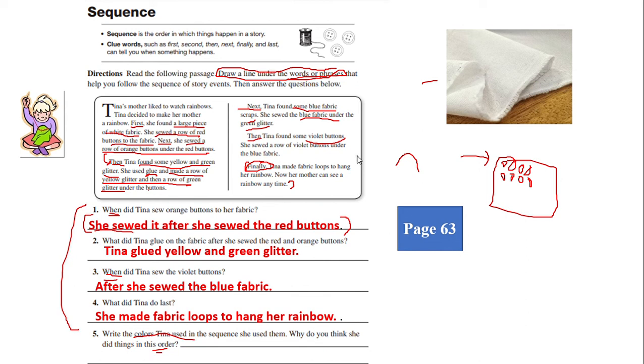Okay, first let me erase the things that we don't need to underline. They told us only the clue words. So let's just erase this. Okay, only underline the words that help you find the sequence.